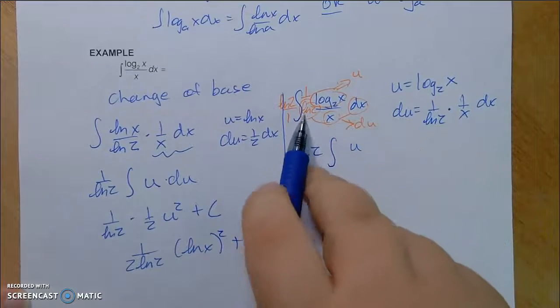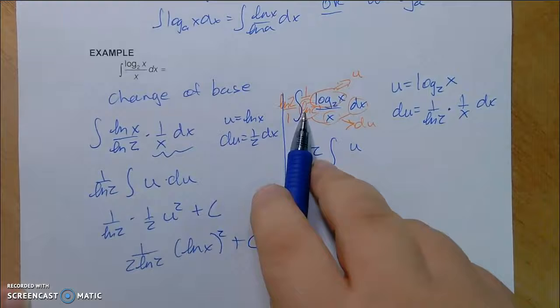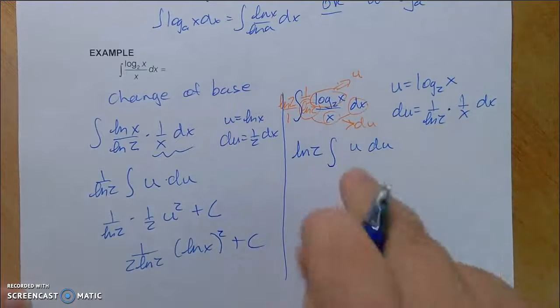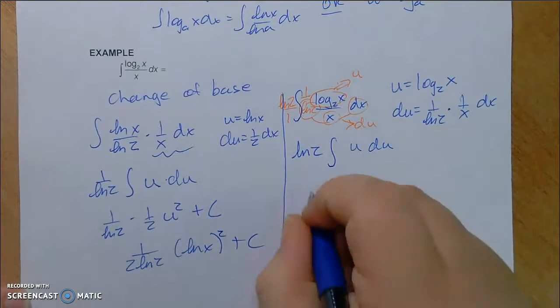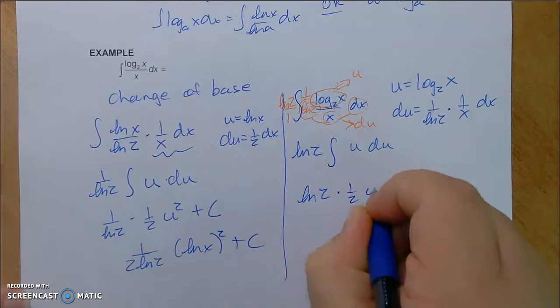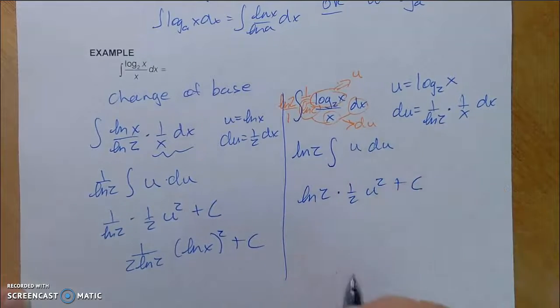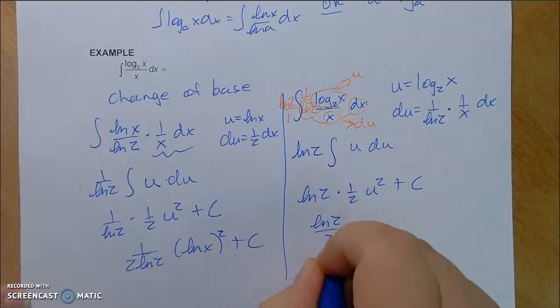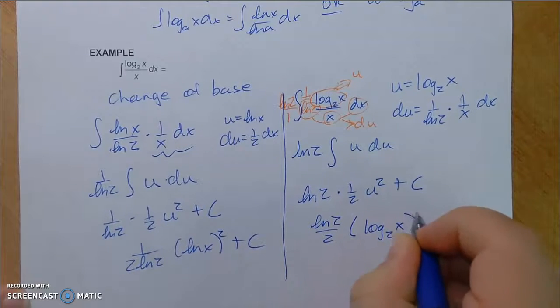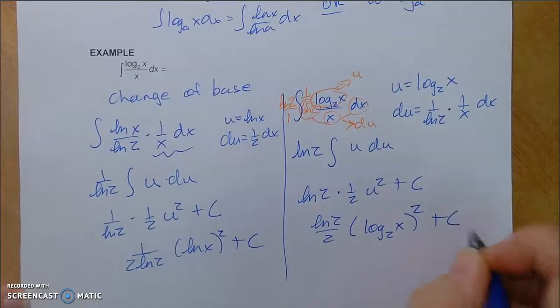Our denominator plus this factor and the dx becomes du. Once again, we have a polynomial instead. So natural log of 2 times 1/2 u squared plus c. We get the natural log of 2 over 2 times log base 2 of x squared plus c.